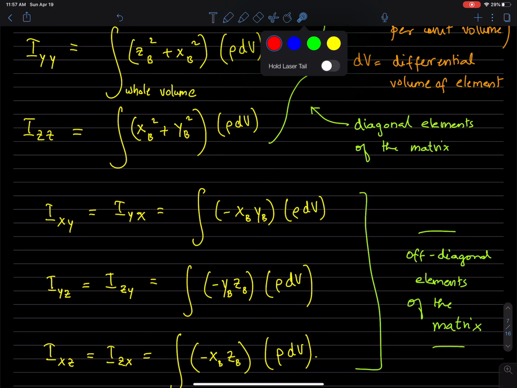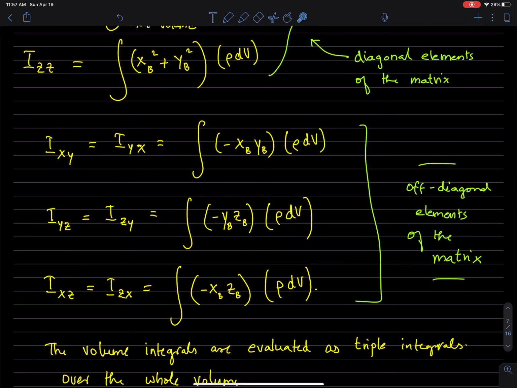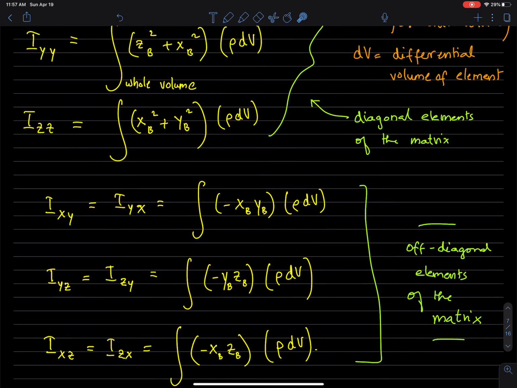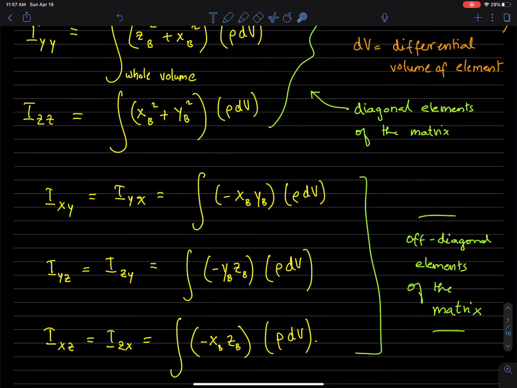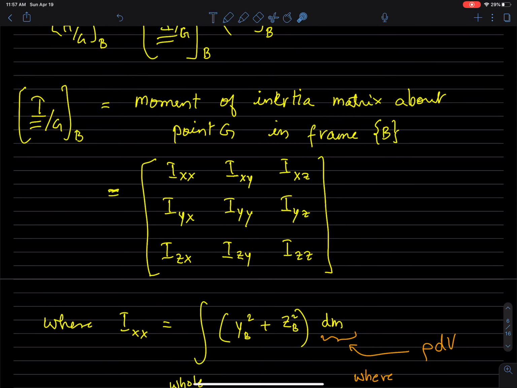Sometimes people use the notation that Ixx and Ixy or Iyx is actually plus. Instead of this minus, they put a plus here, and instead of this minus, they put a plus here. That is a convention sometimes that is used, and if you use that convention with the plus here for the definition of these quantities, then the moment of inertia tensor or matrix itself will have a minus for the off diagonal elements.